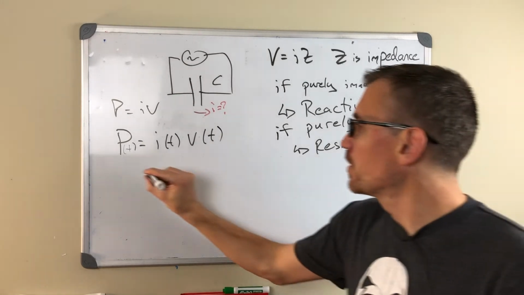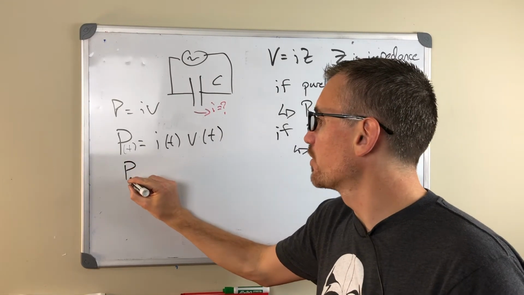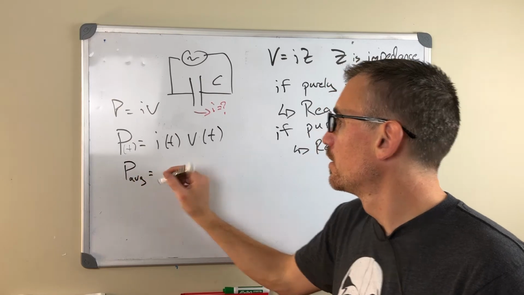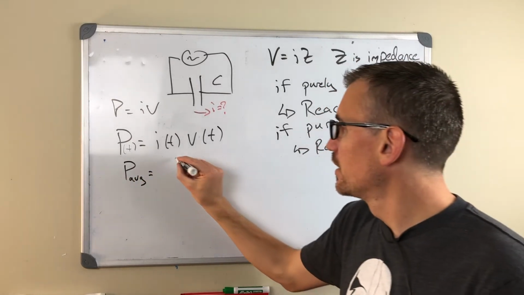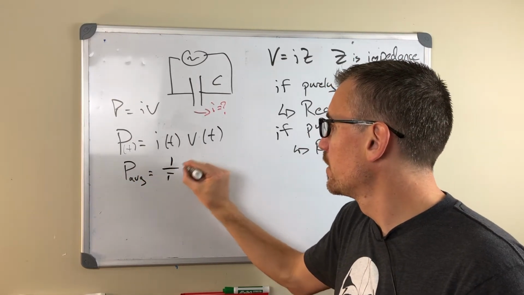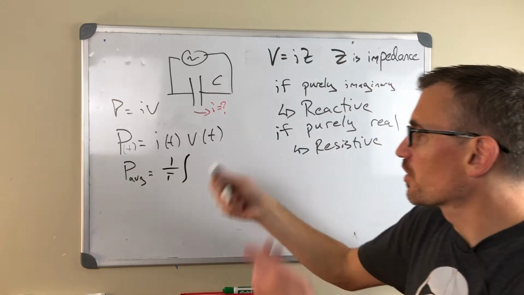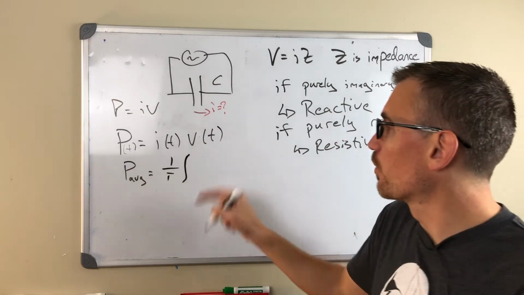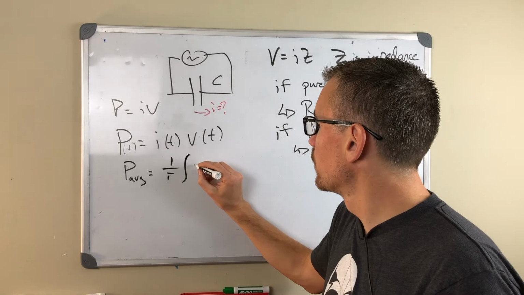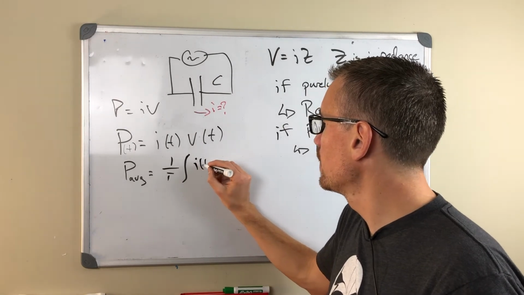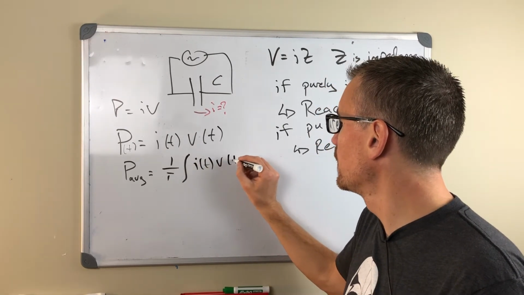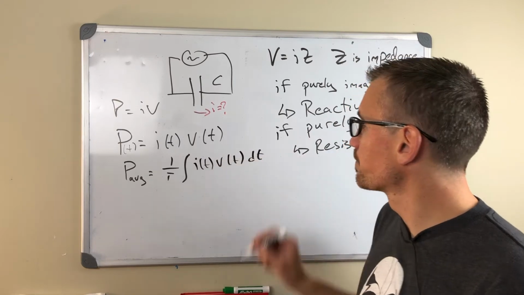But what we're often talking about is the average power in AC circuits, which is just averaging the power over a full cycle. So it's the integral of I of t times V of t dt.